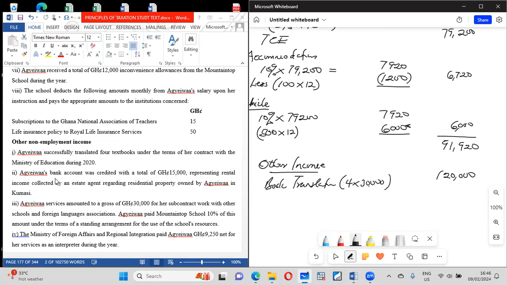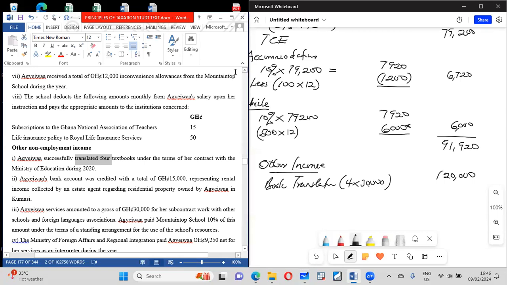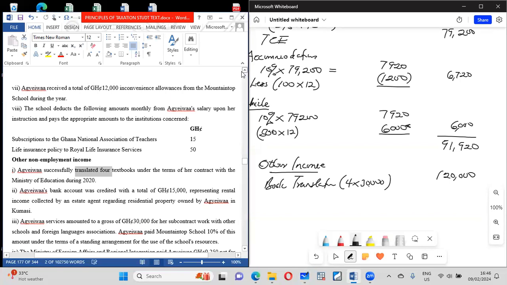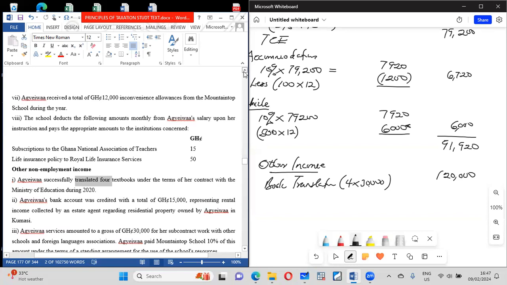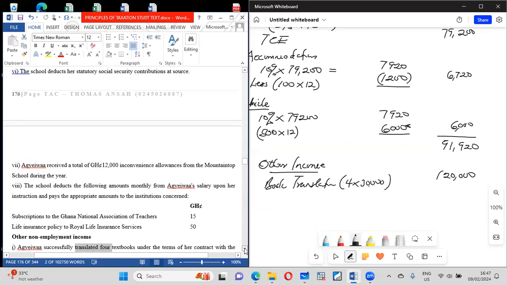Again, she also did some other works. We were told that she was an interpreter, and she also did some school services. Now, the school service, how much was she paid for that?